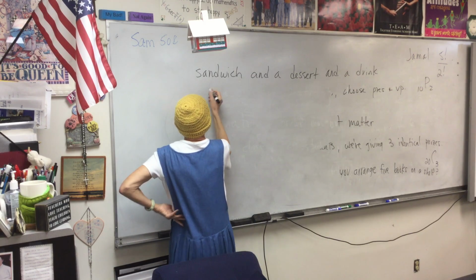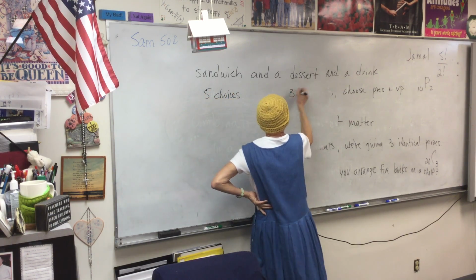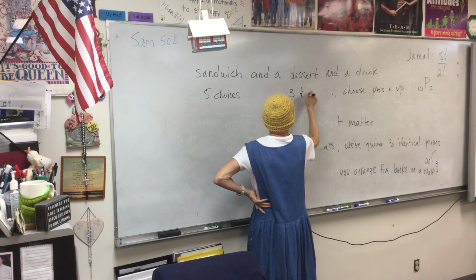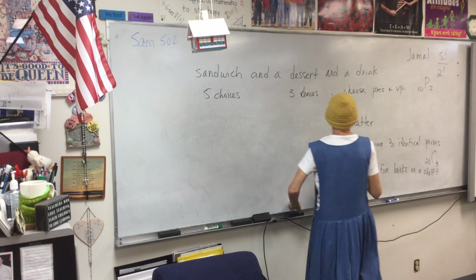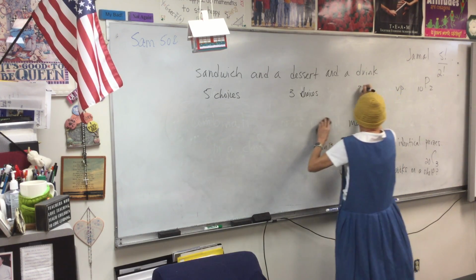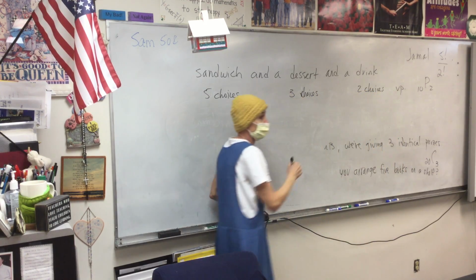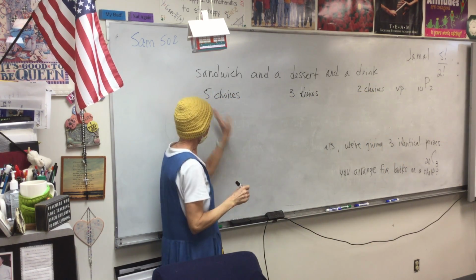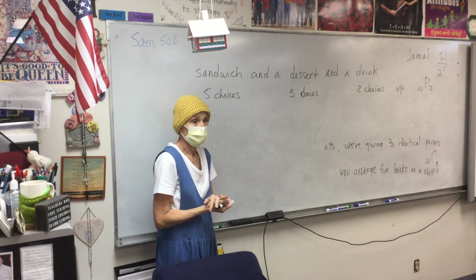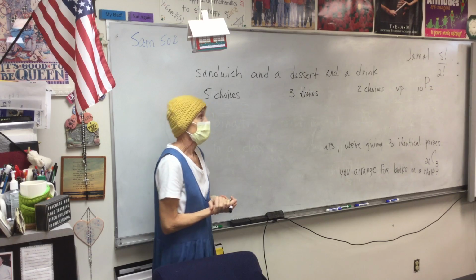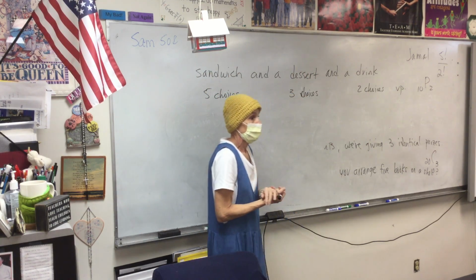And the cafeteria offers 5 different kinds of sandwiches and 3 different kinds of desserts and 2 different kinds of drinks. Okay, so I go down to the cafeteria and I'm going to pick one of each of these. And I have all these different choices. How many different lunches would be possible if I'm going to pick a sandwich and a dessert and a drink?